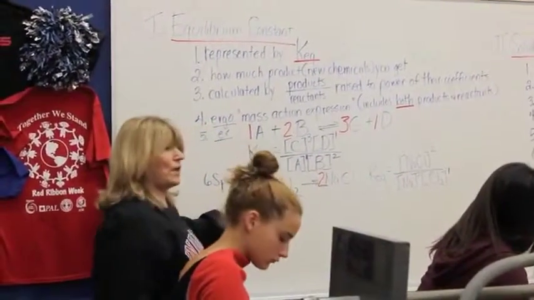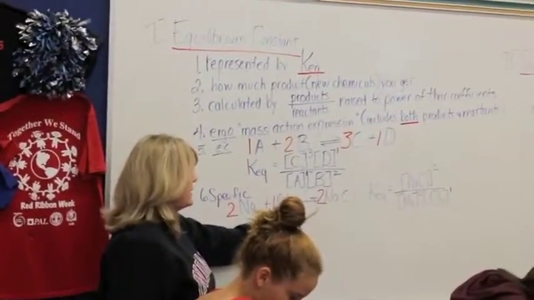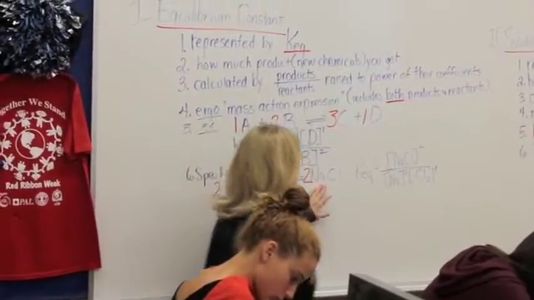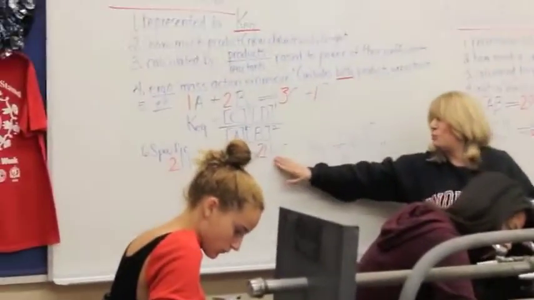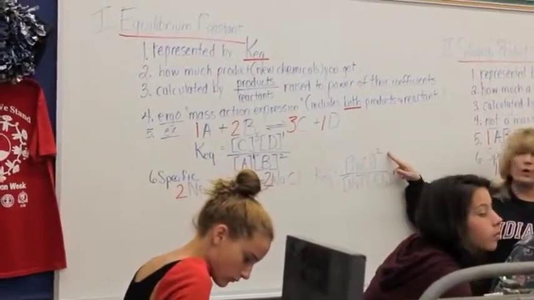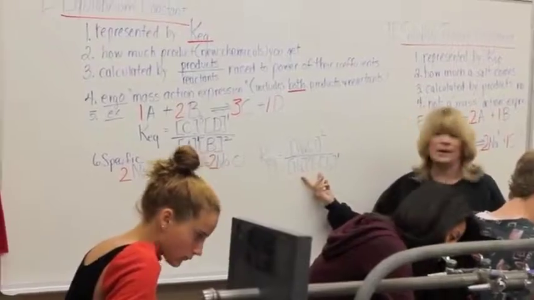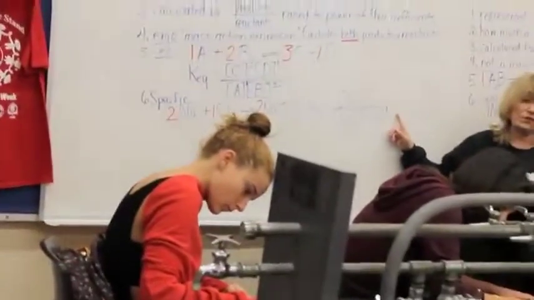So here's a real example. You have 2 Na plus a chlorine gas, Cl2, and you get 2 NaCl. The Keq, or equilibrium expression, puts the product on top, raised to the power of the coefficient, divided by the product of the reactants, which are also raised to the power of their coefficients.